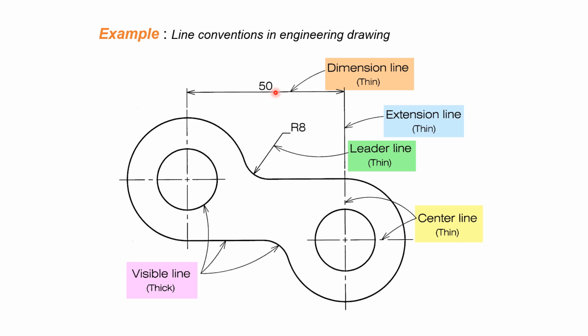And here is the dimension line, where the dimension from center to center distance is 50. That arrow to arrow line is the dimension line, and this line which shows the dimension location is called the extension line. And here, the radius of this arch is shown by the leader line. So those are the different lines.